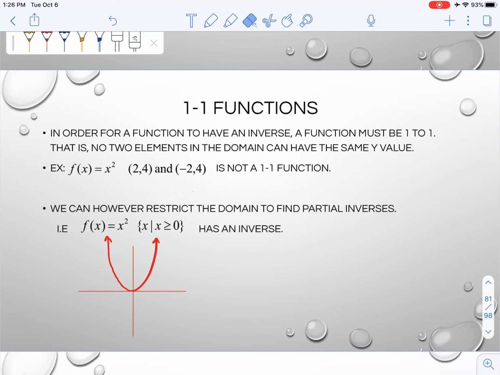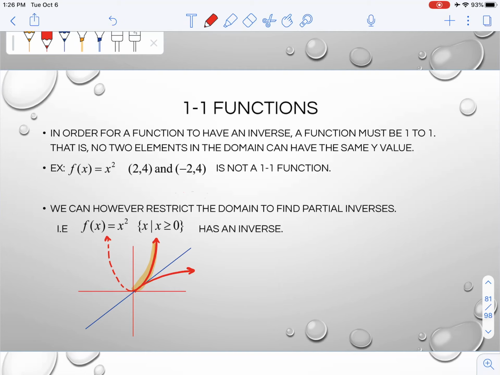Now what I'm doing is restricting the domain so that all I'm really dealing with are the values where x is greater than 0. And what that's going to do for me is that when we reflect over the line y equals x, I'm going to end up with an equation that looks like this, that now, because I only have that right side, I only have the upper half of the inverse, and I end up with something that still is an actual function.